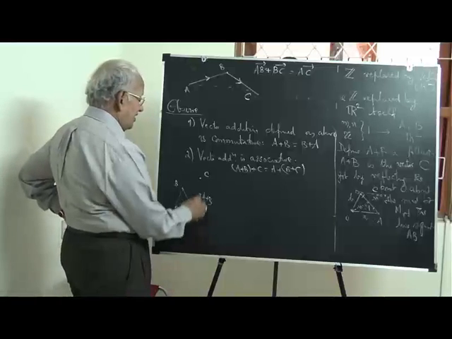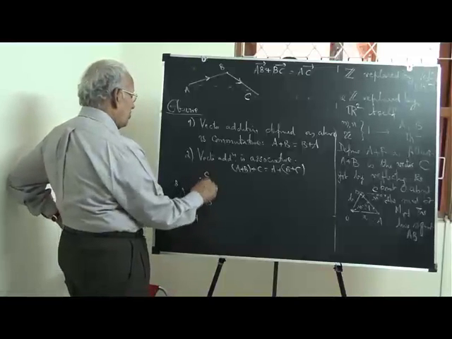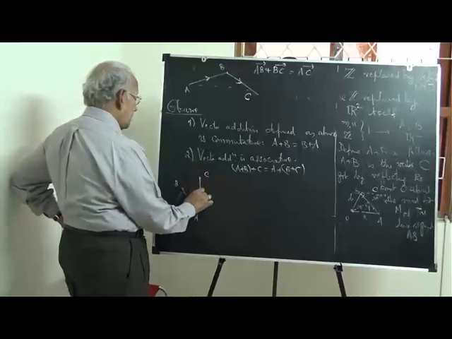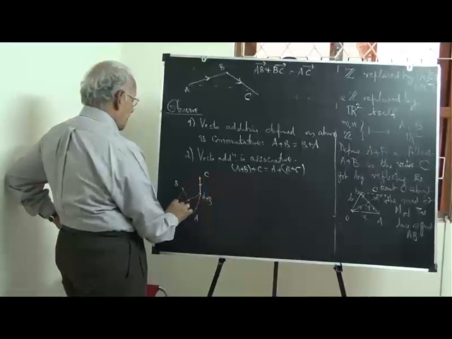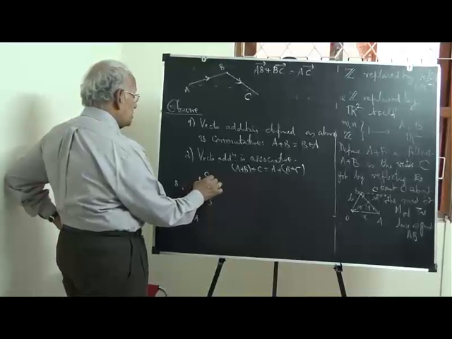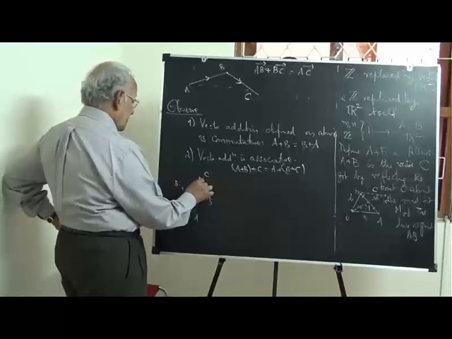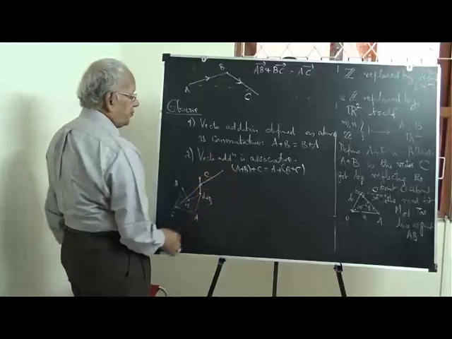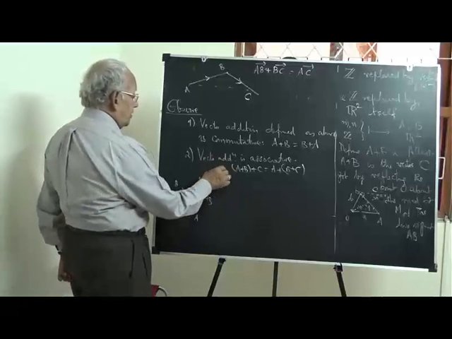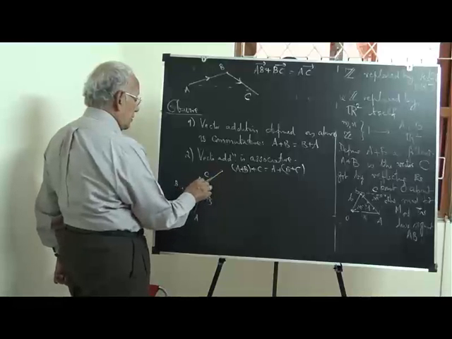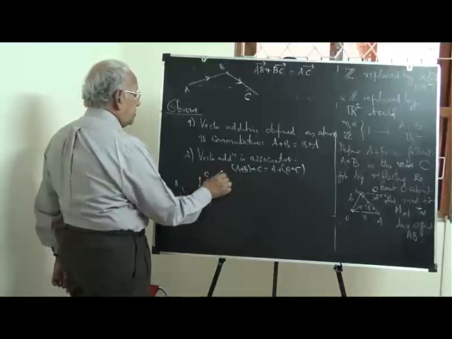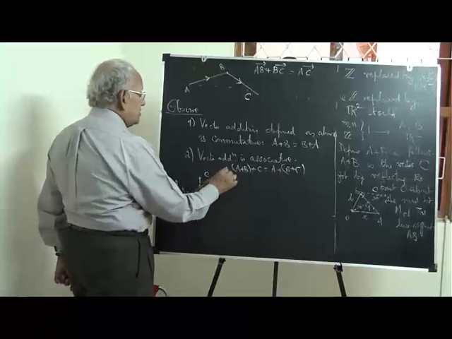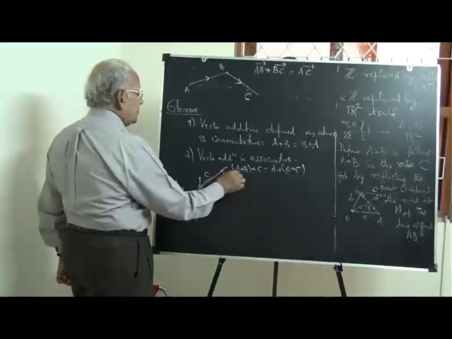Here is A plus B, this is C. So I have to look at the midpoint of this, then reflect O about this. The solution must be the same, right? And this is A plus B plus C.